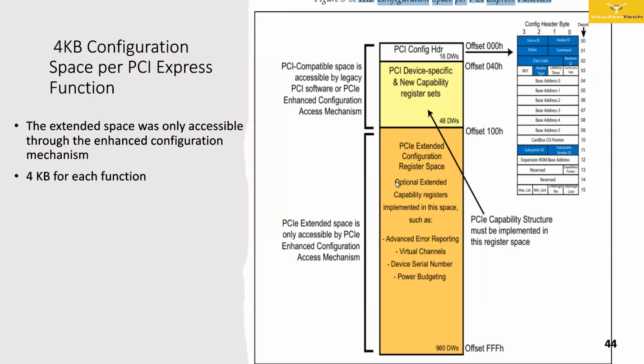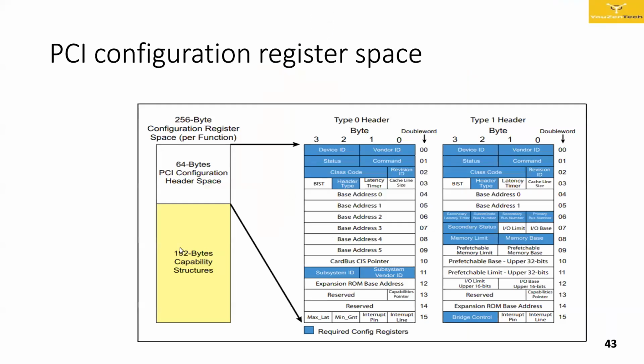Each function has 4 KB of address space. This is an important point, so please remember it. In this set, the first 16 D words, 64 bytes, will be either type 0 or type 1.